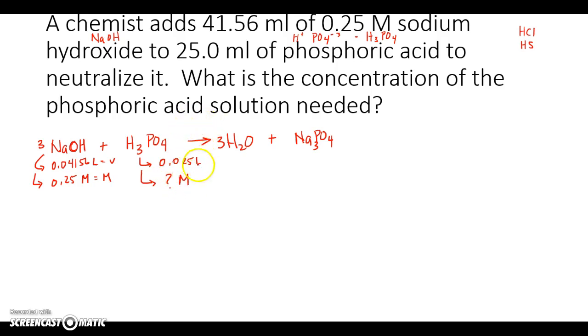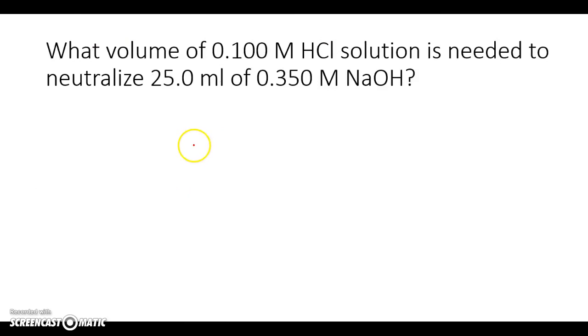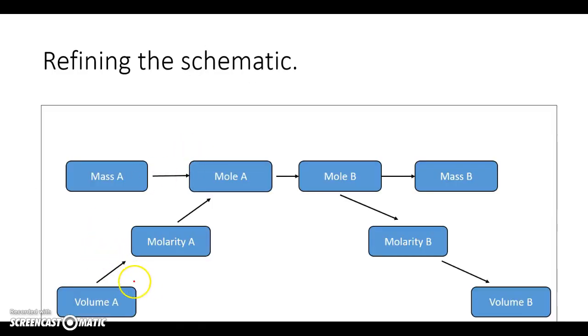So we go back to our schematic. Remember, this is our A value because it gives us all the information. This is our B because it contains the unknown. And it looks like I have volume and molarity, and I'm looking to get to molarity for B. So let's create a pathway.